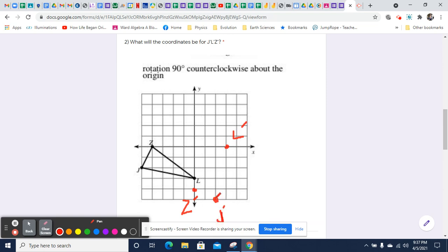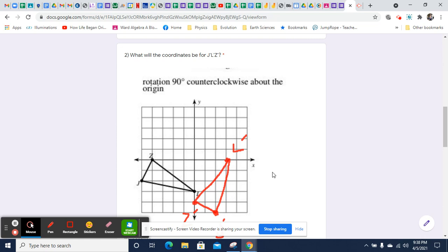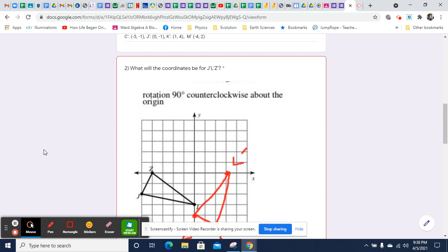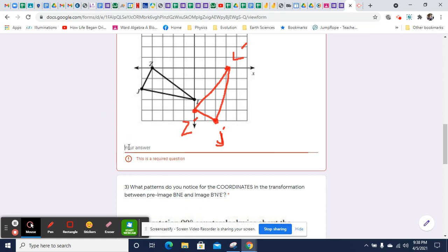Okay, and we'll connect our dots, like that. Those are the most amazing straight lines you've ever seen, I know. So what will the coordinates be? Let's identify them. So L prime, what did I call it up here? I'll put them in order. Okay, so here we go.